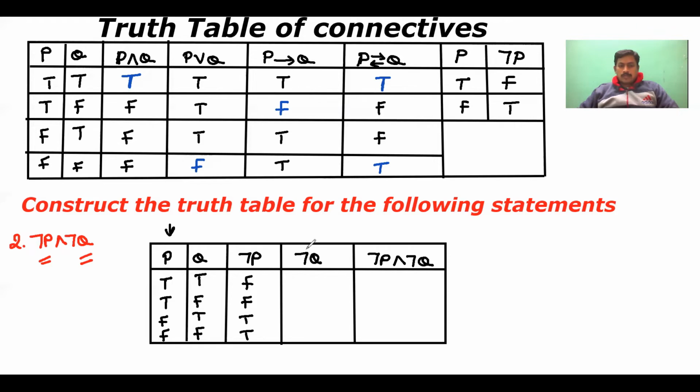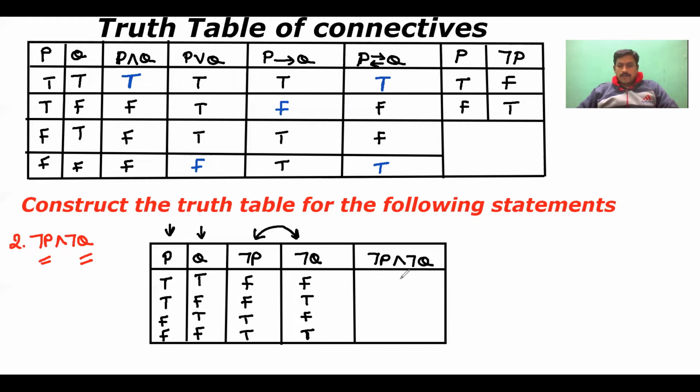So next, to find not Q, take this Q column and apply negation for it. Here T is given, F. F is given, T. T is given here, it is F. The last term is F is given, we have to write T. So afterwards, taking conjunction between these two will give our required result.